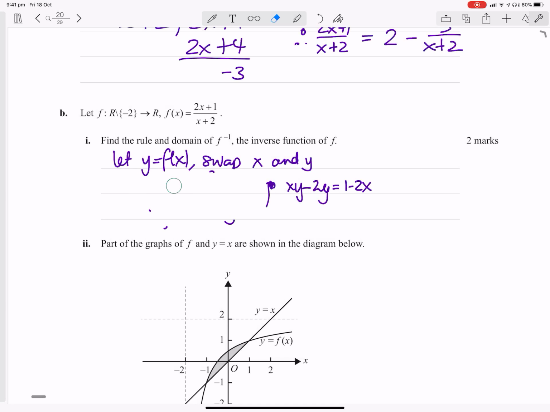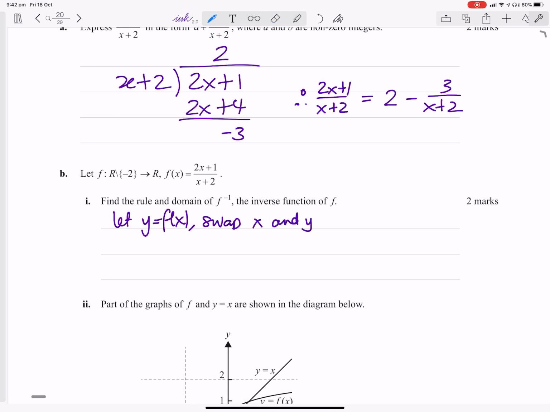This is just stupid. They don't leave you enough room either. Okay, if we did it this way, x equals 2 minus 3 on y plus 2. X minus 2 is -3 on y plus 2. Y plus 2 is equal to -3 on x minus 2.